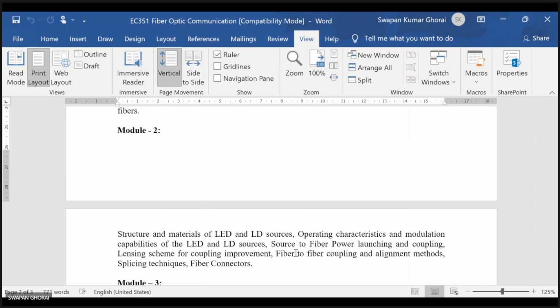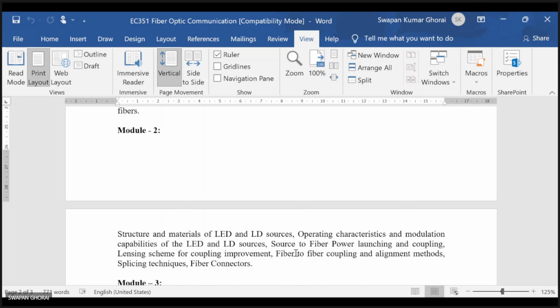Next, in the same module, if you launch power from a particular source to a particular fiber, then you have to see what are the factors that will limit this launching capability. In fact, there are different issues: source emission profiles, fiber numerical aperture.